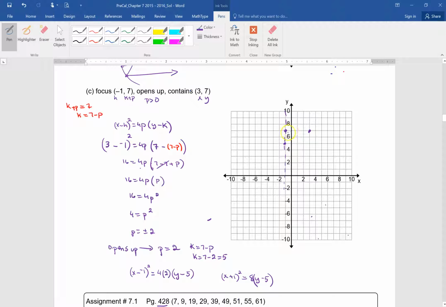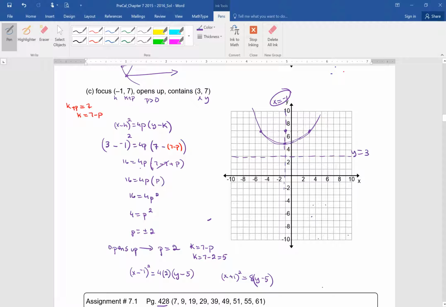If you have a point 1, 2, 3, 4 units that way, then you must have a point 4 units that way. So that's how that looks. Now, where is the directrix? Y equals 3, not x equals 3. So the directrix is at y equals 3, and the axis of symmetry is at x equals negative 1.